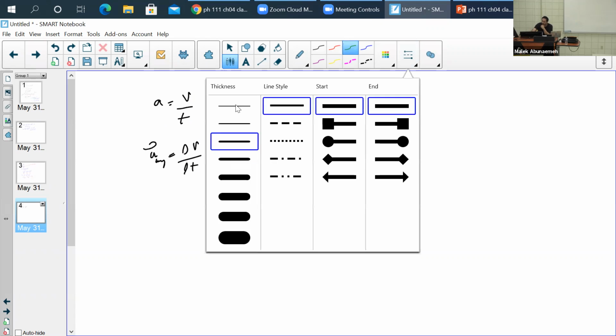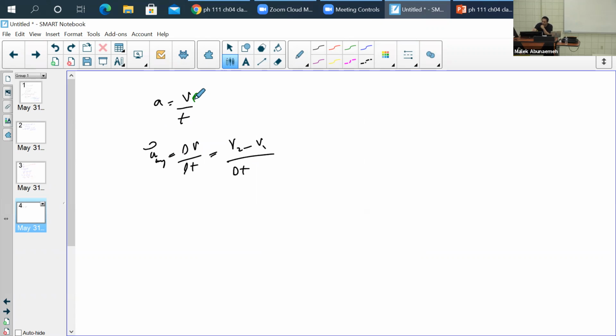Go ahead and label these out real fast. Again, your dv over your dt, or your average acceleration, is your change in velocity with respect to time.